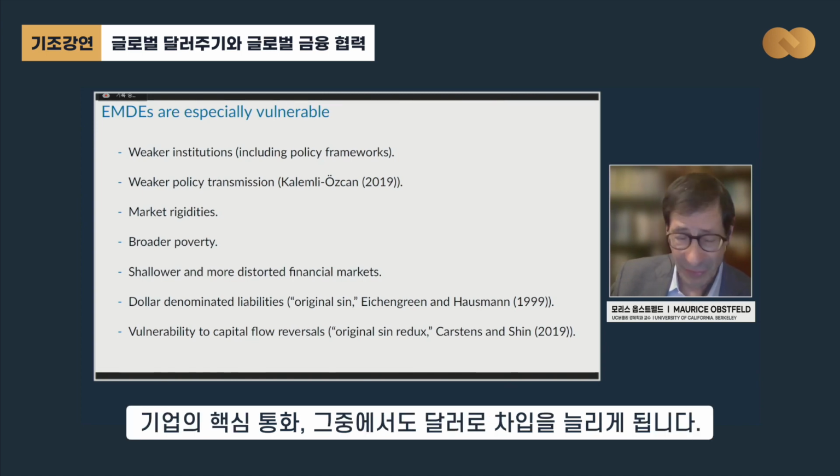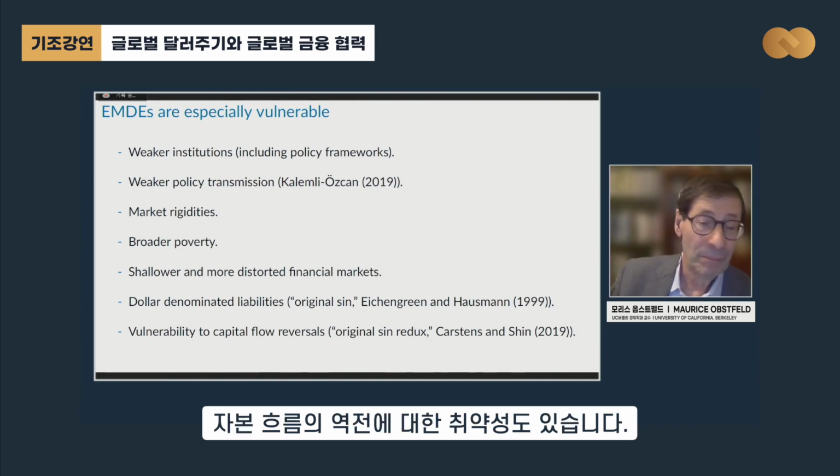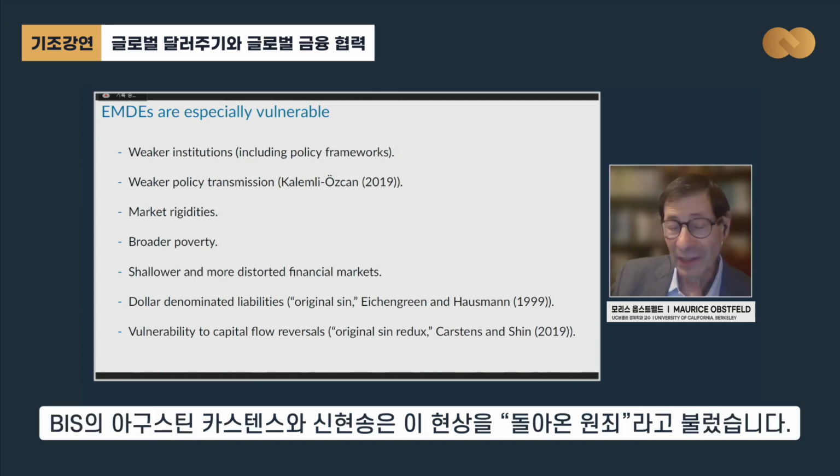So they're vulnerable to an appreciation of the dollar, which raises the domestic value of their liabilities. There's also vulnerability to capital flow reversals. Agustin Carstens and Hyun Song Shin at the BIS have called this phenomenon original sin redux.